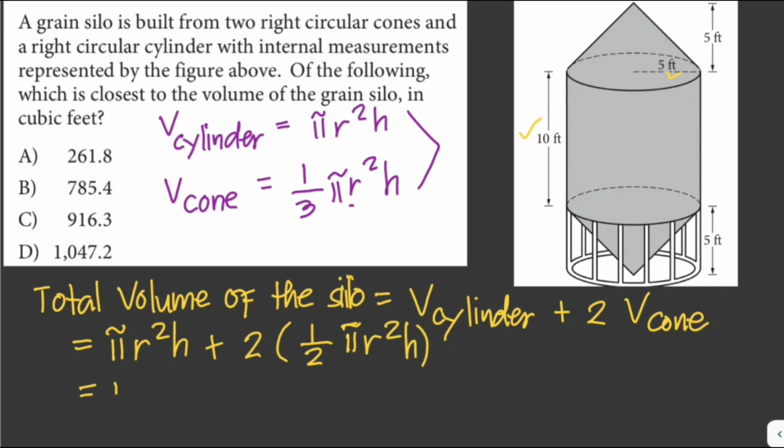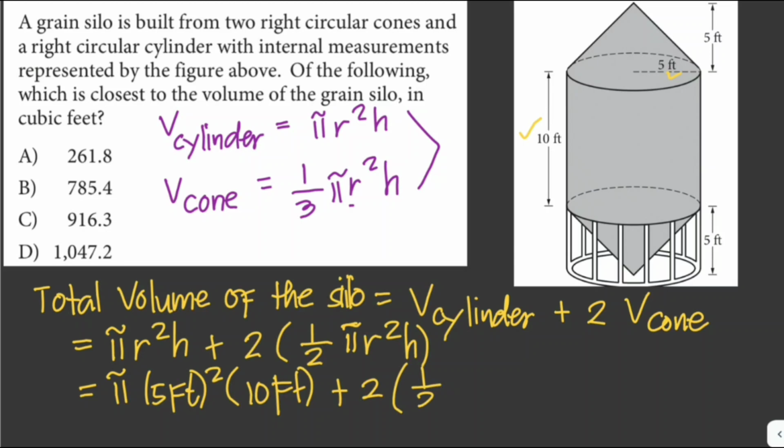Plugging in everything for the cylinder, we're given the radius, which is 5 feet squared, times the height, which is 10 feet, plus 2 times 1/3 pi. The radius of the cone is also 5 feet squared, times the height, which is also 5 feet.